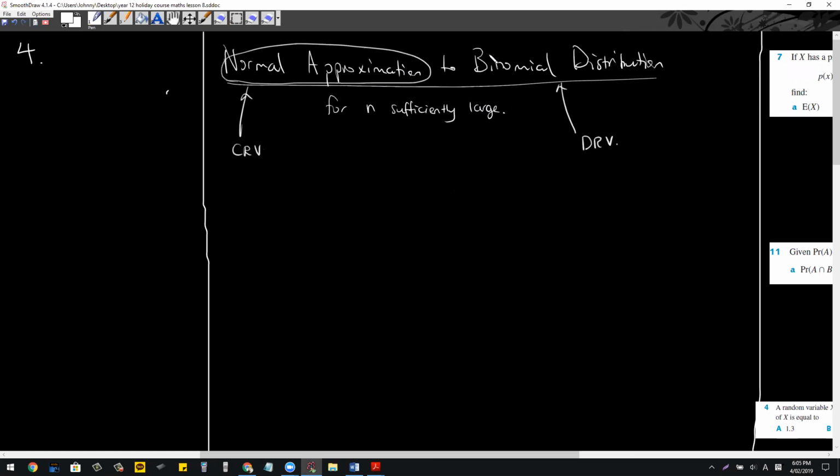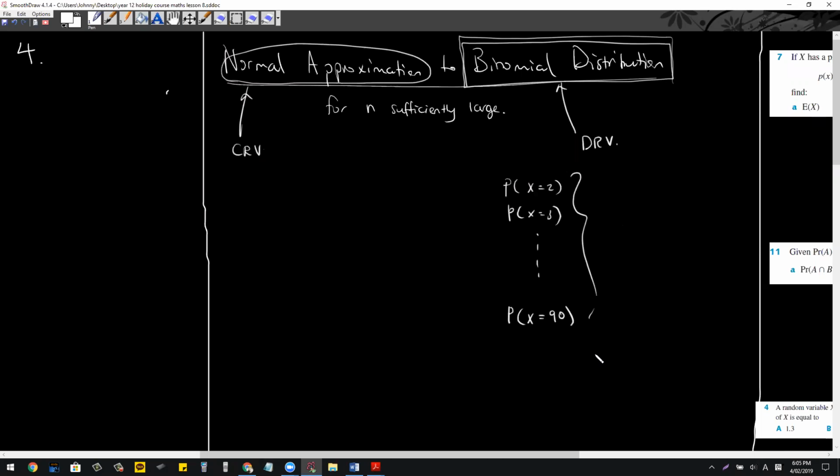But the binomial is sometimes quite difficult to calculate if you don't have a calculator, because you have to figure out the probability that x is equal to 2 and the probability that x is equal to 3, and you might want to do that up to the probability that x is equal to 90 or something like that, and add them all up. That's going to take too much time, right? So there are 2 ways of doing this.